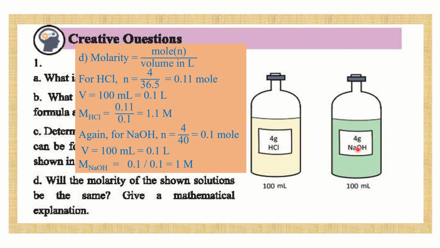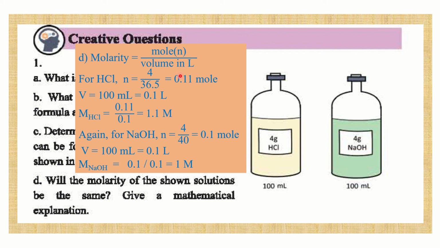In the same way, if we divide this amount by its molecular mass, then we will get the mole number of sodium hydroxide present in this solution. Here the mole number of sodium hydroxide is 4 divided by 40. It comes 0.1 mole.